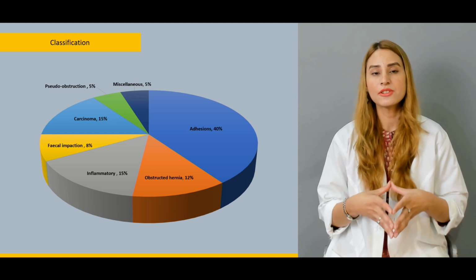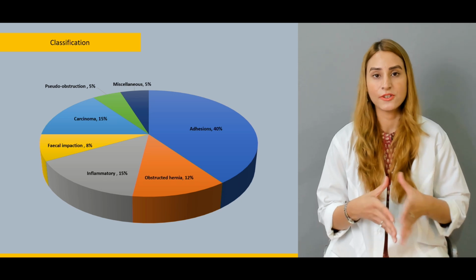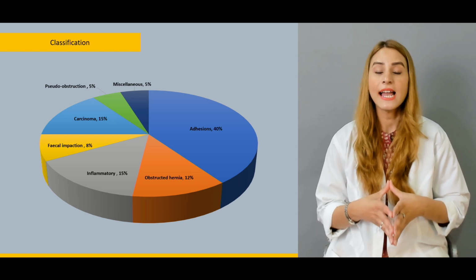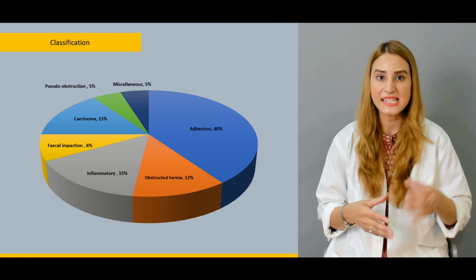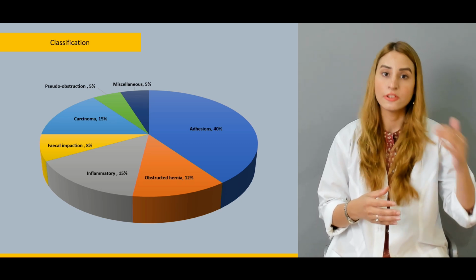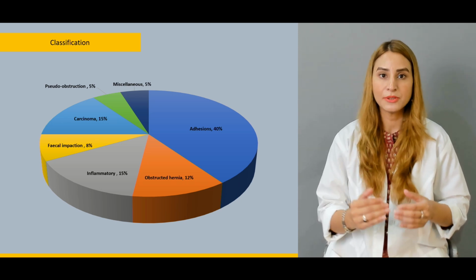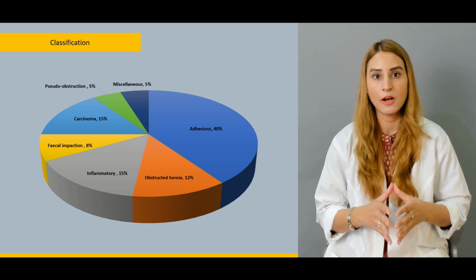So initially I was talking about dynamic obstructions and adynamic obstructions, and particularly the dynamic obstructions can be classified into intraluminal obstruction, intramural obstruction, and extramural obstructions, right?